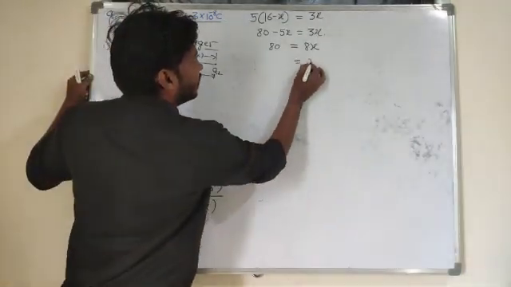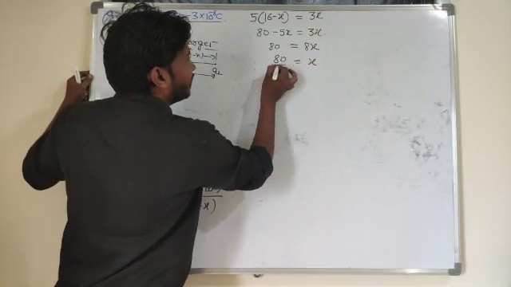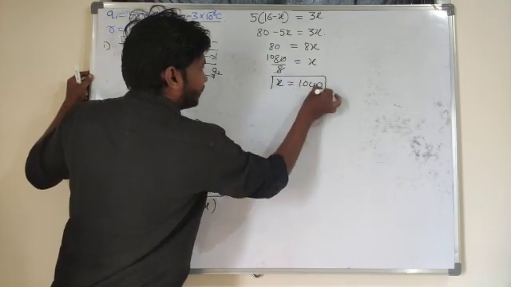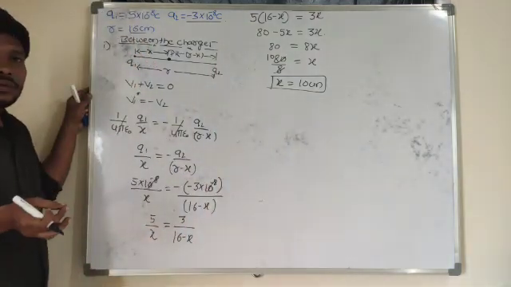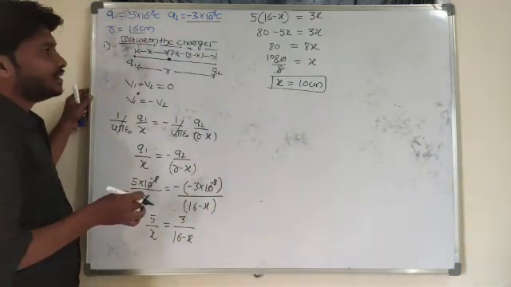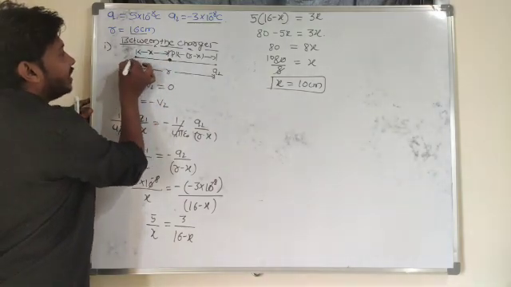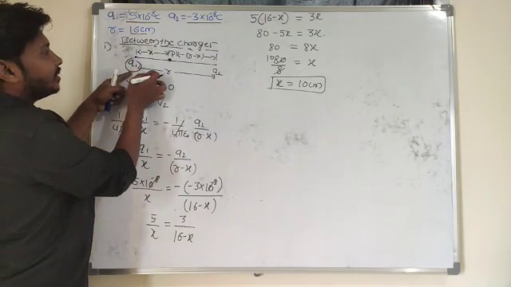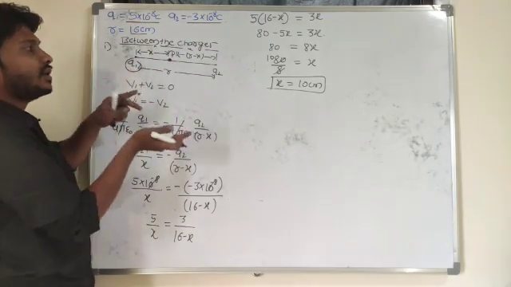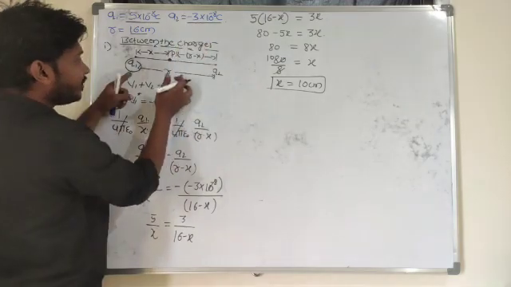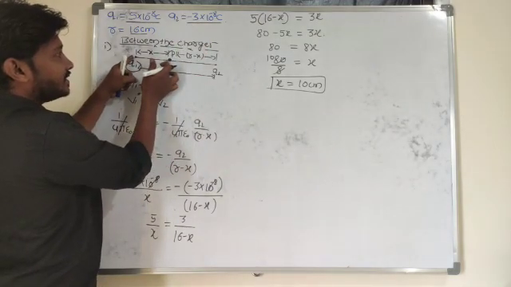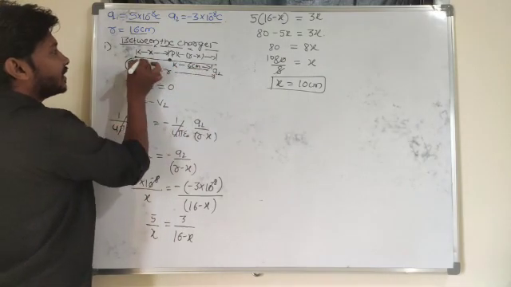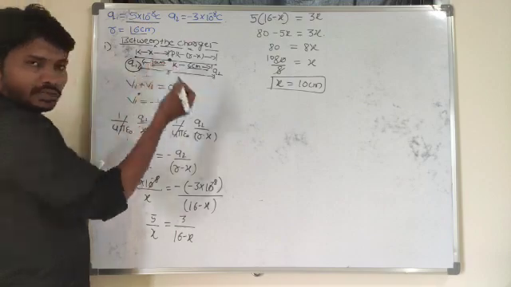So x is equal to 80 by 8, which is x equal to 10 centimeter. What is the location of the null point? The null point exists at a distance of 10 centimeter from the positive charge. Since the total distance is 16, the remaining distance is 6 centimeter from the negative charge and 10 centimeter from the positive charge.